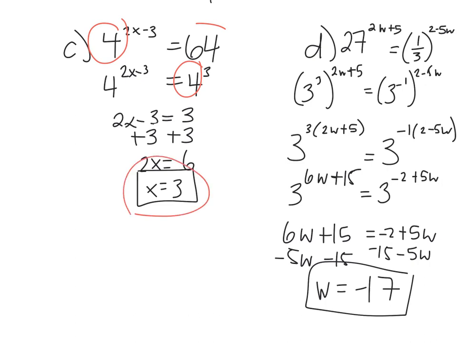Now over here, 27 and 1 over 3, your goal was to have a base of 3. So then you get 3 to the third equals 3 raised to the 2w plus 5, and then 3 to the negative 1 raised to the 2 minus 5w. And hopefully, after doing your multiplication and distributing, you got w equals negative 17.